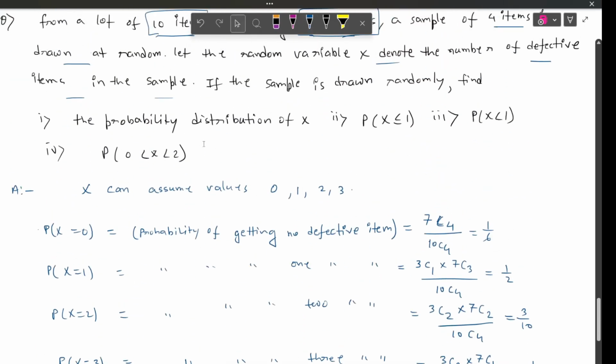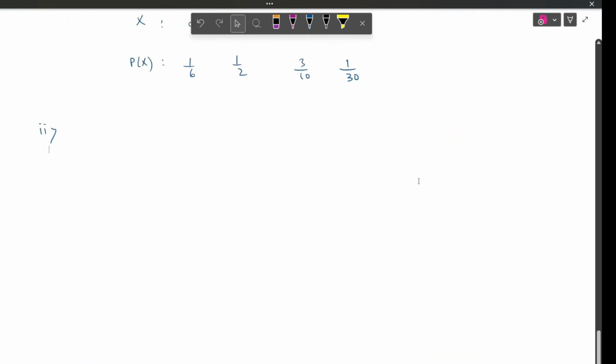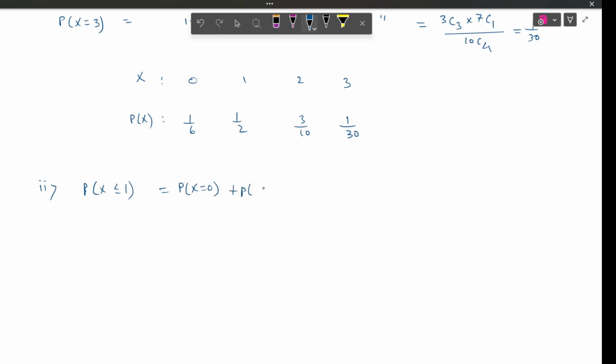Number 2 is probability of X less than equals to 1. So what does it mean? That means probability of X equals to 0 plus probability of X equals to 1. So it will be 1 by 6 plus 1 by 2. So it would be 2 by 3.